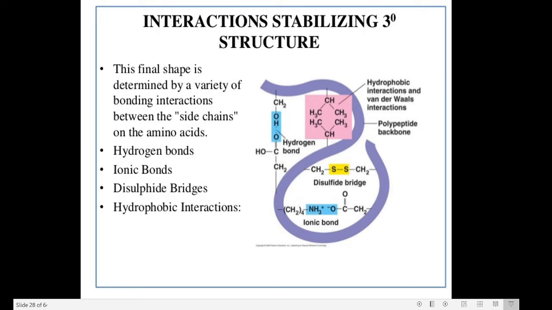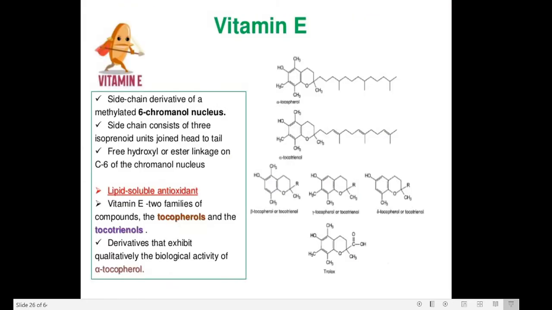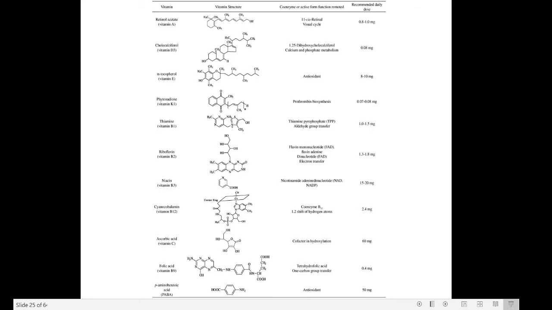The reason I am mentioning these vitamins is that in the formation of body structure and protein structure, everywhere, there are molecules for interaction. That may be protein, lipid, vitamin, or anything. That is why I am mentioning the small chemical structures.